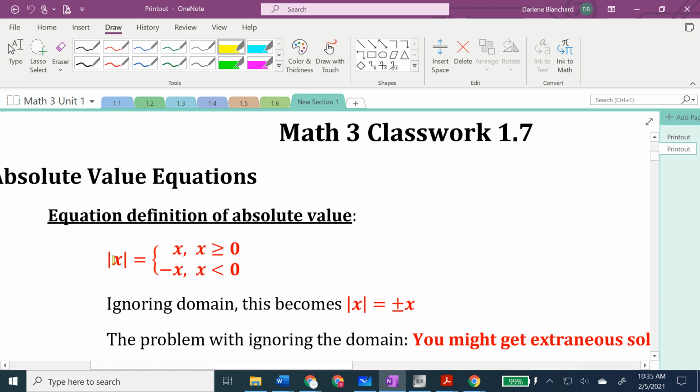If the number that's being absolute valued is positive, the absolute values weren't needed, and whatever that number is, that's what that number is. But I want to make sure to clarify for you this piece right here.